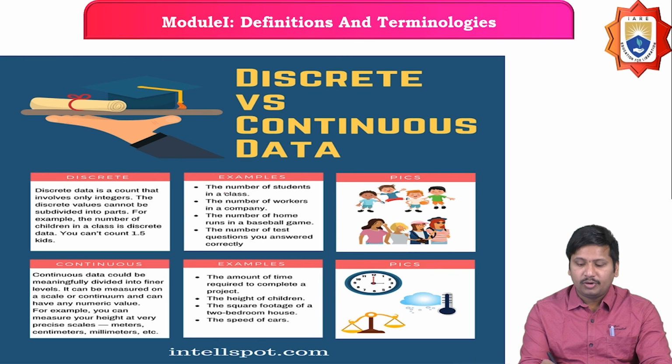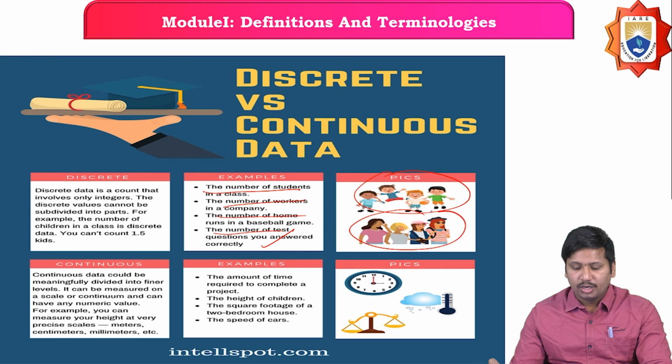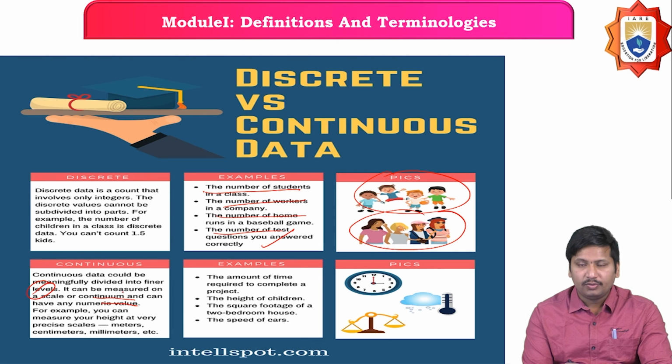Some examples are the number of students in a class, the number of workers in a company, the number of home runs in a basketball game, and the number of test questions that can be answered correctly. The count is what is measured here. When it comes to continuous data, it can be divided into finer levels. It can be measured on a scale, having any numeric value.